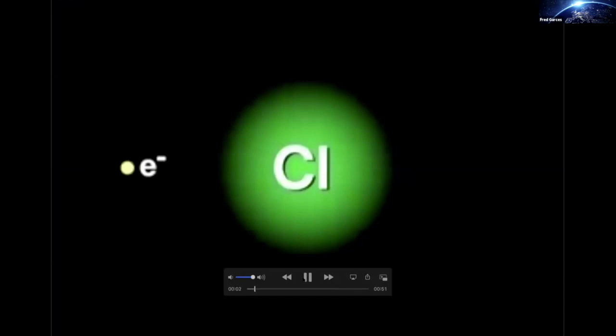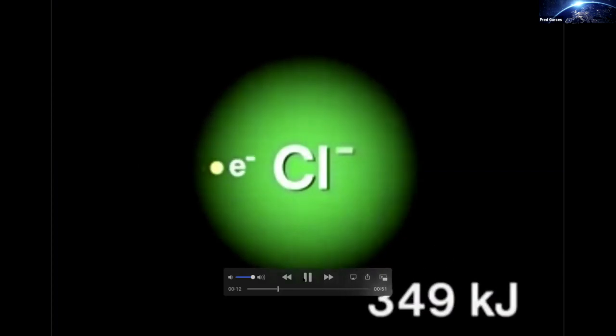Electron affinity is the energy change that occurs when an electron is added to a gaseous atom or ion. For example, when an electron is added to a neutral gaseous fluorine atom, 349 kilojoules per mole is released. In the case of chlorine and the other halogen elements, addition of an electron to the neutral atom is an exothermic process.